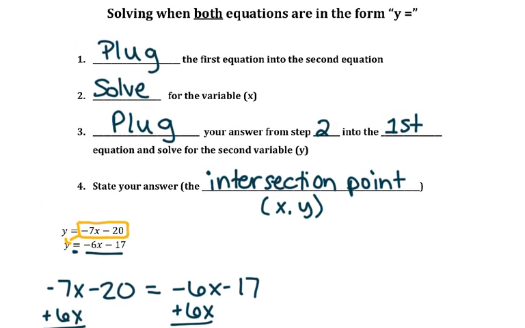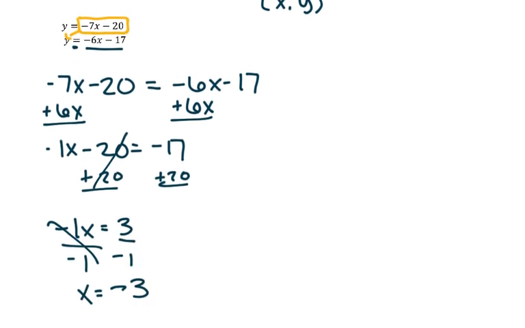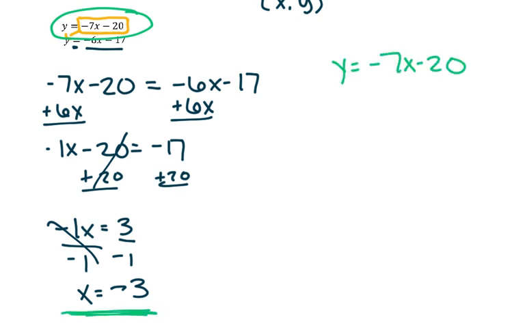Second part here is we take our answer and plug it into the first equation. So I'm going to take my first equation, which is y equals negative 7x minus 20. I'm going to take my answer and plug it in where I see the x value.